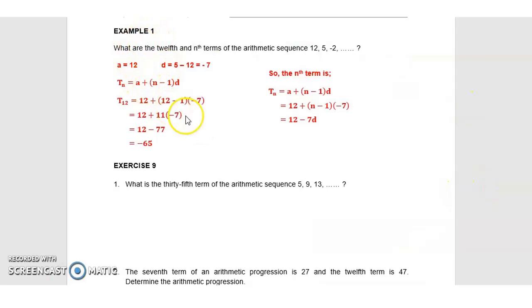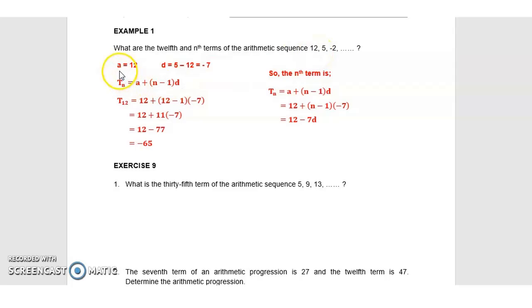Now look at this example. What are the 12th and nth terms of the arithmetic sequence 12, 5, negative 2, and so forth? Now we want to find T12. From the given sequence, we know that the first term, T1, is 12.